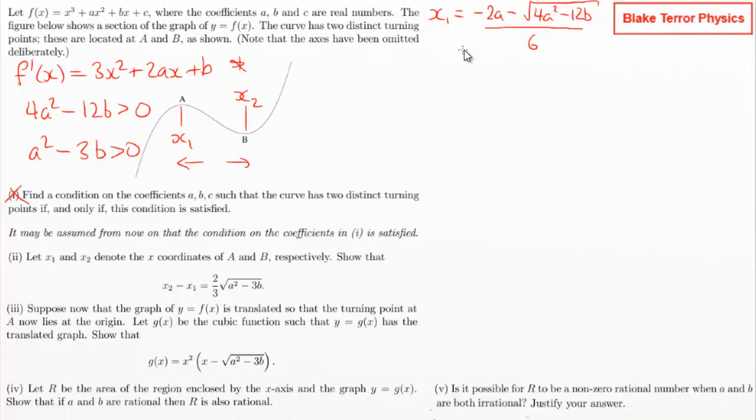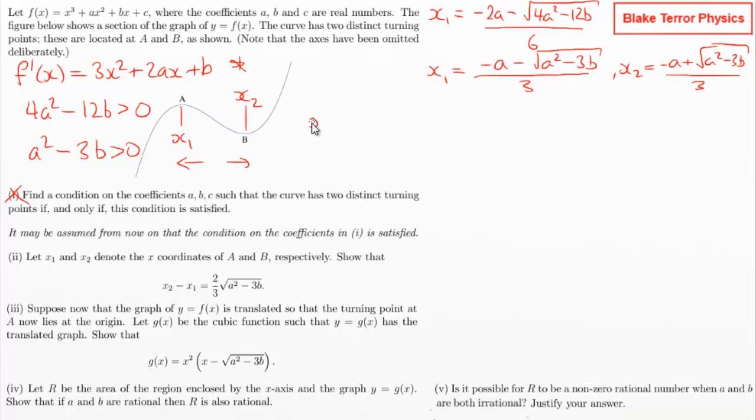And we've still got all of those factors there, so we can take a whole load of 2's off. So x1 is going to be minus a minus the square root of a squared minus 3b, divided by 3. x2 is then going to be that, but with a plus in the middle. So x2 is going to be minus a plus the square root of a squared minus 3b, divided by 3.